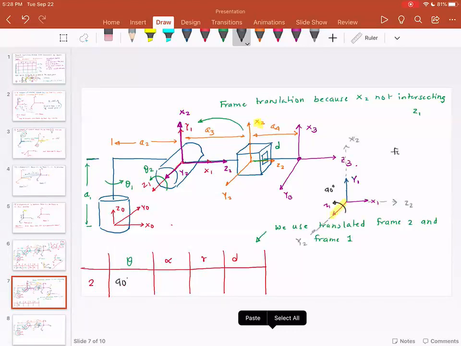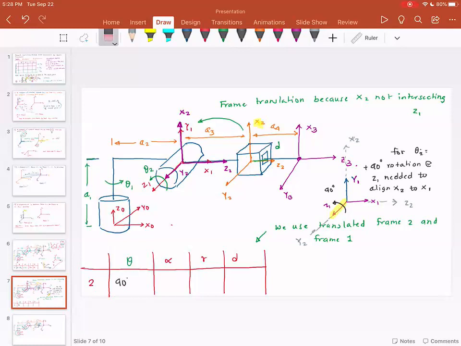So for theta 2, positive 90 degree rotation about Z1 is needed to align x1 to x2.